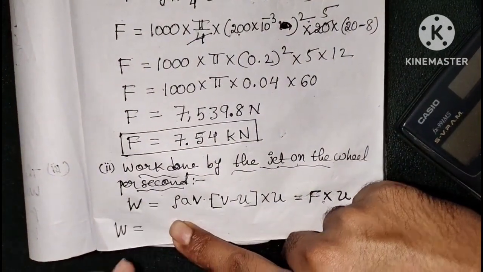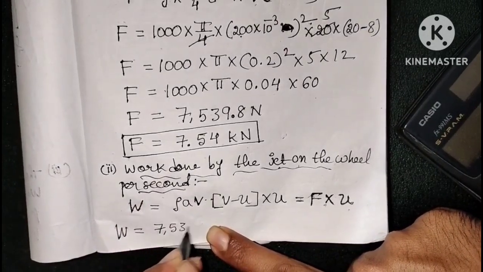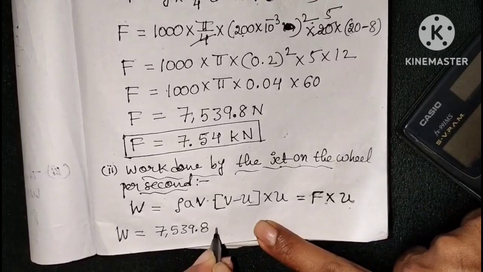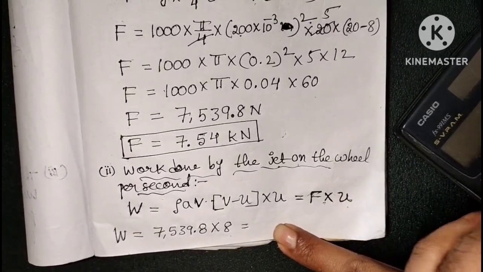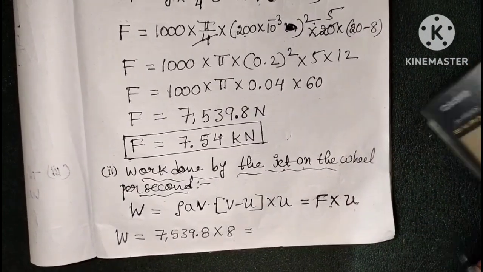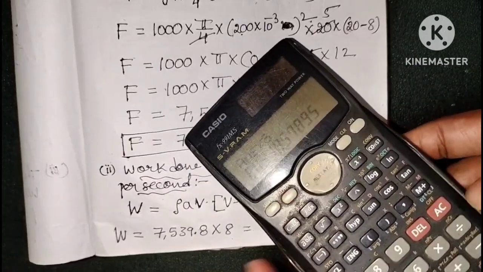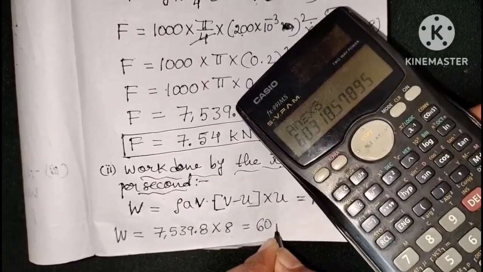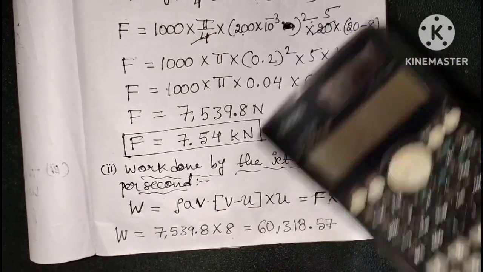So W is equal to, F we already have, 7539.8 into U, which is given as 8 meters per second, so 7539.8 into 8, you will get 60318.57.